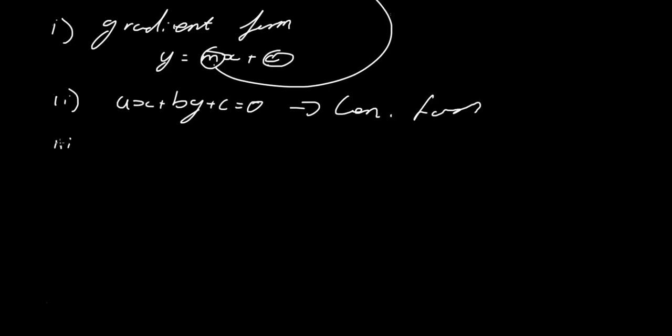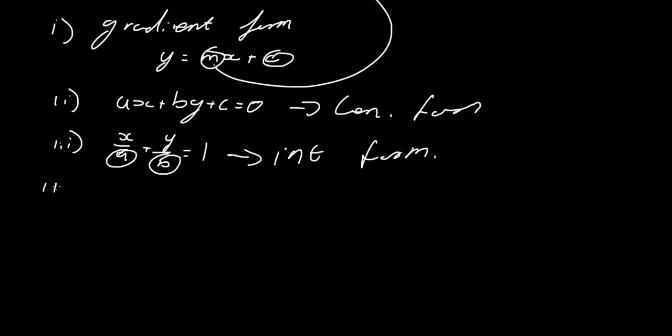Number 3 is the intercept form. x over a plus y over b equals 1. So if you're given a line and you can see or are given the x-intercept and the y-intercept, then you can just pop it into this form and solve and convert it to whatever form you want. So this is called the intercept form.